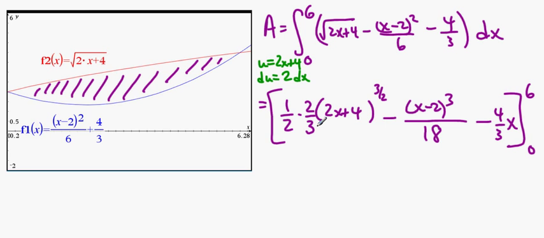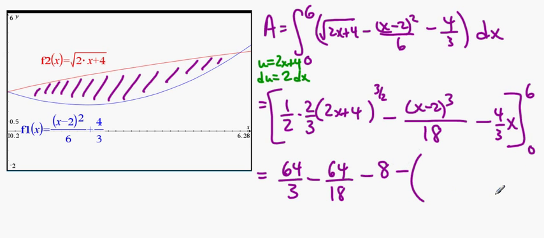So now, all we have to do is sub in 6, sub in 0, and subtract the answers. If we substitute 6, that's 16 to the 3/2, times 1/3, that's 64 thirds, minus 4 cubed over 18, I don't know what that is, minus 4/3 of 6, minus what we get when we sub in 0.